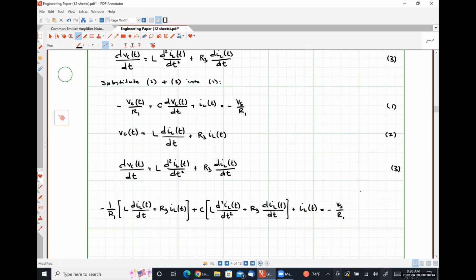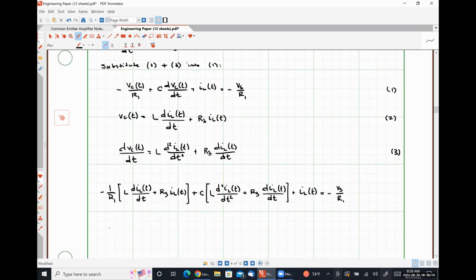For instance, I can see that I'm going to have LC times the second derivative of IL with respect to time from this term right here, where I have L times the second derivative and it's being multiplied by that factor of C. That's the only time my second derivative term shows up, so I'm pretty well done with that one.